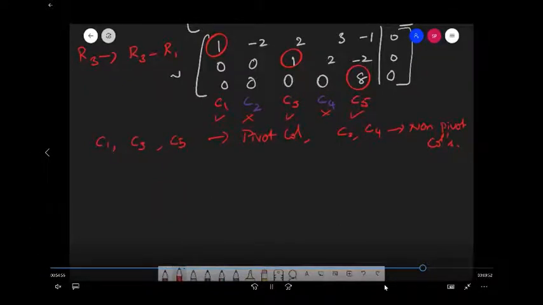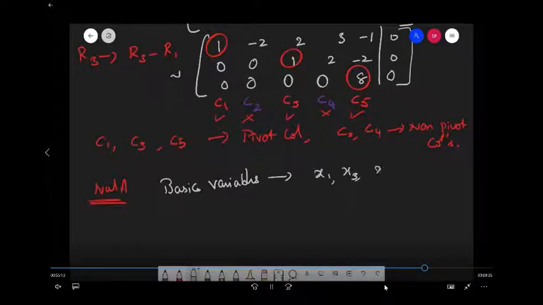Now we need to find the null space of A. To find the null space of A, we need to note down basic variables and free variables. So here the basic variables are x1, x3, x5, because C1, C3, C5 are pivot columns. Free variables are x2 and x4.